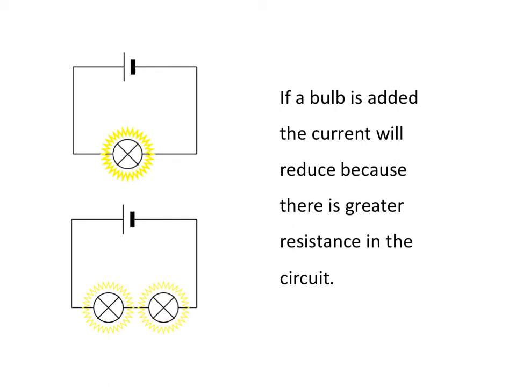So we get a difference in how bright those bulbs are. In the first one, we've clearly got a brighter bulb than in the second, which has two bulbs. They are less bright relative to the first one, and that's because we have increased the resistance.